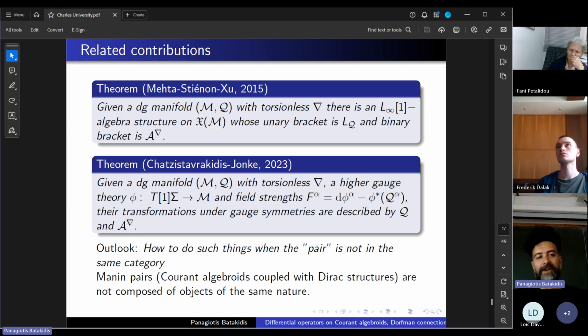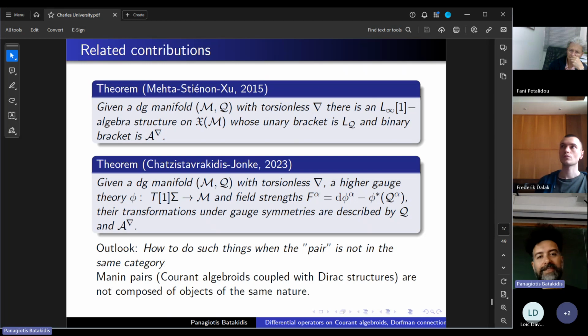But every time the connection you're working with is linear. Now, there is a problem already that people are trying to correct and find meaningful definitions for the curvature of Courant algebroids. And this is already not an easy task if you think of linear connections on Courant algebroids.